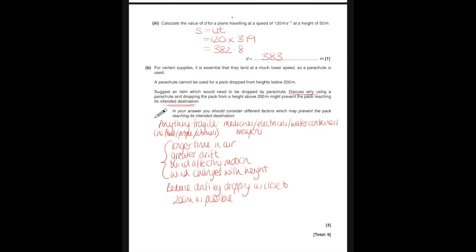What we're looking at here is the problems that you get because things don't land where they need to be. And then actually one of those marks is a QWC, but that QWC needs at least 2 factors. So have you said at least 2 of these points in terms of why things may not reach their destination?